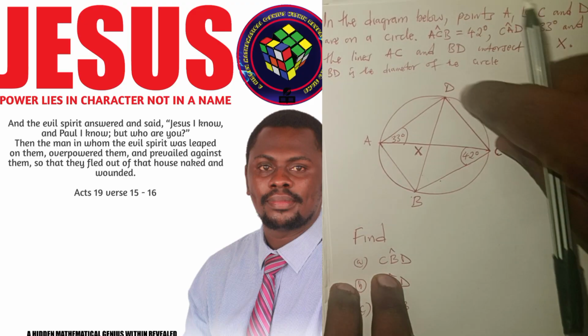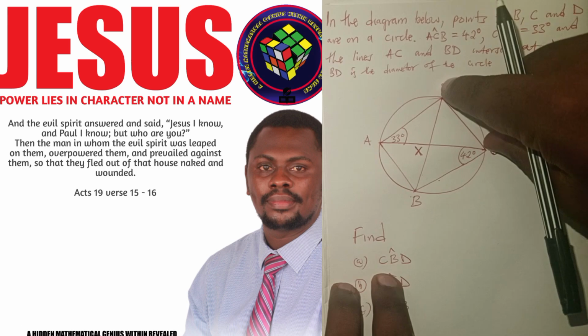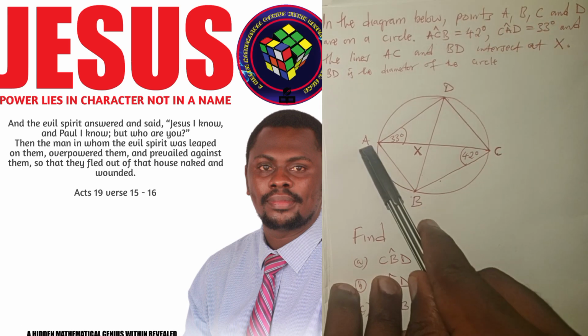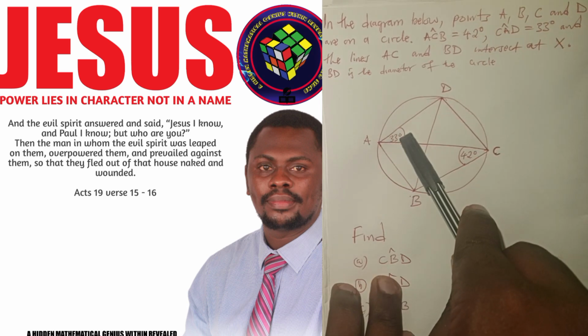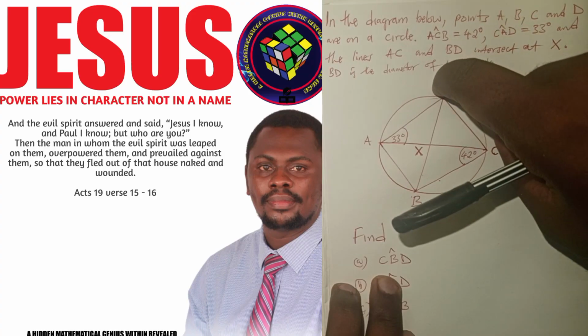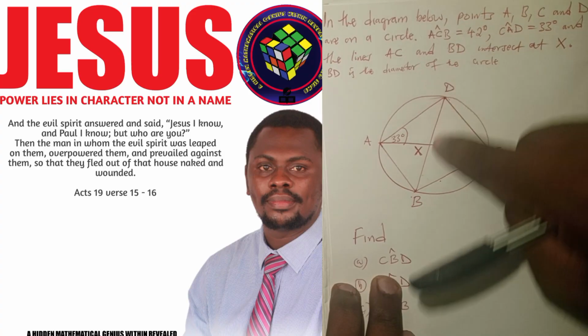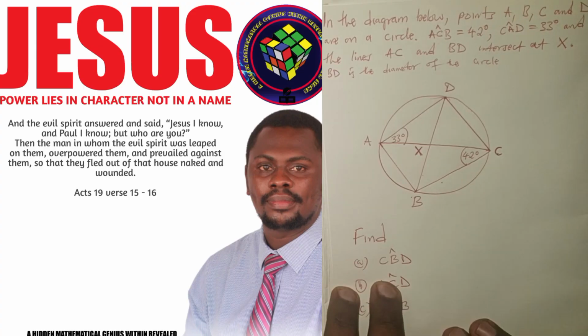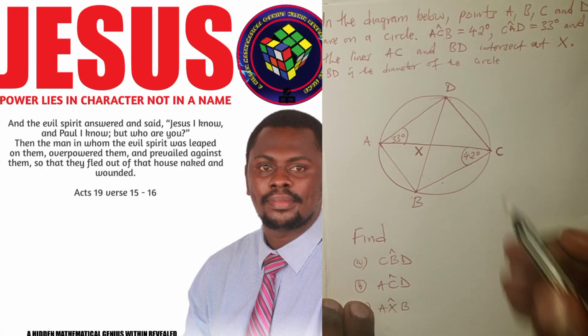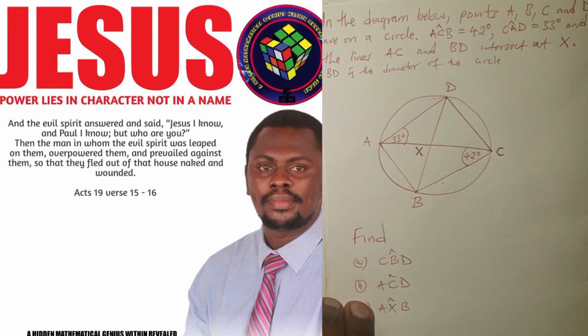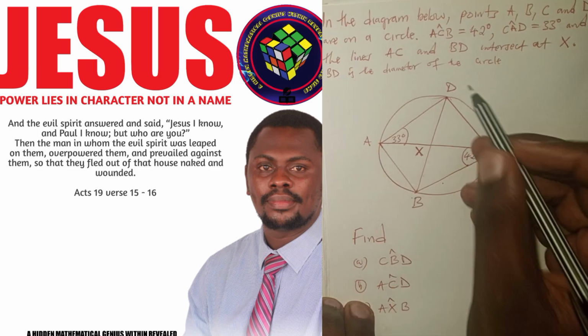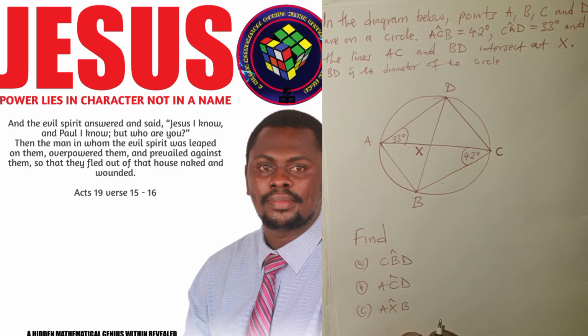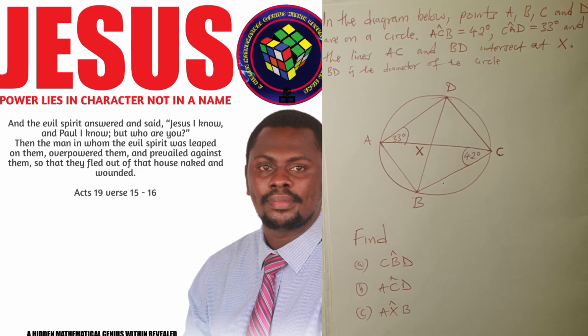We can see that this arc CD or chord CD has produced angle at A, which is 33, and this same chord or arc has produced another angle at B, which we are looking for, meaning angle CBD is equal to angle CAD, which is equal to 33 degrees. These are angles produced from the same chord, arc, or segment.